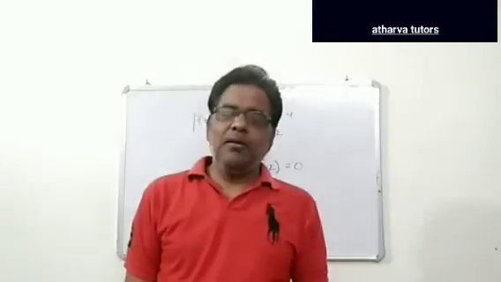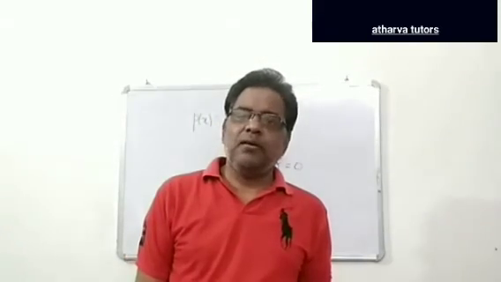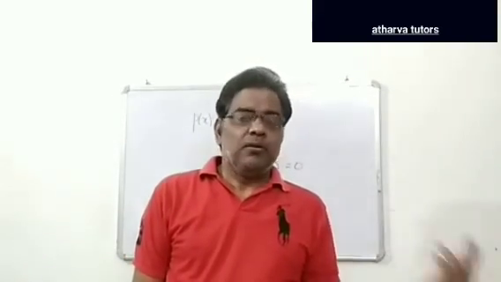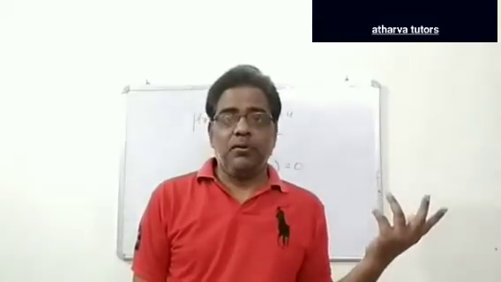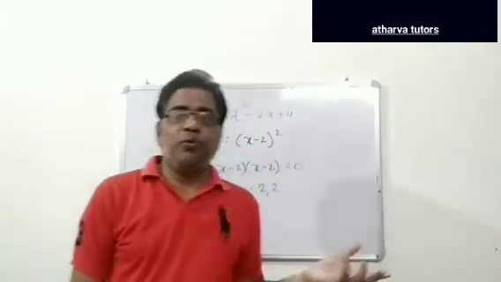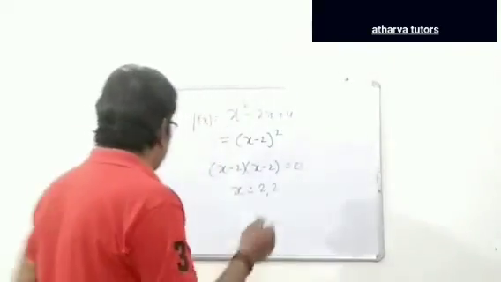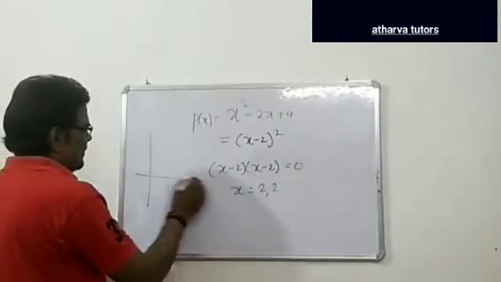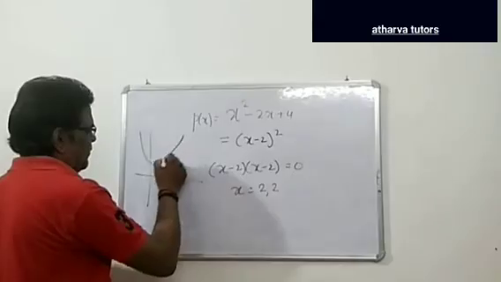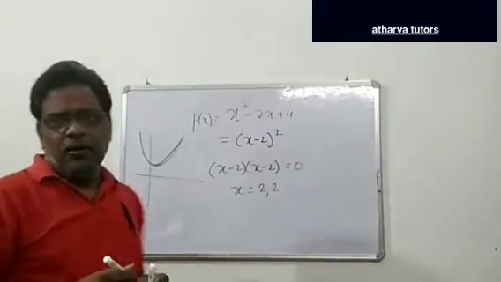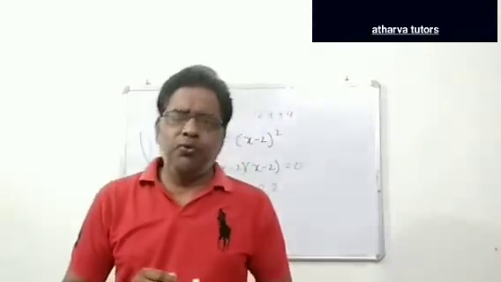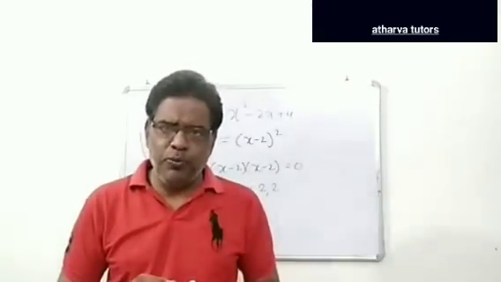And similarly, it can also happen that the quadratic polynomial has no zero. Like if you are given a graph something like this. Now it's a parabola, so of course it will be a quadratic polynomial.